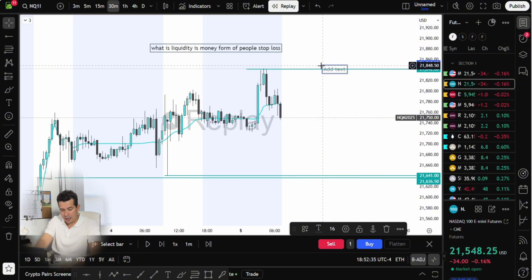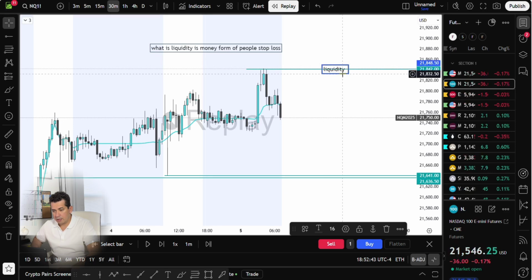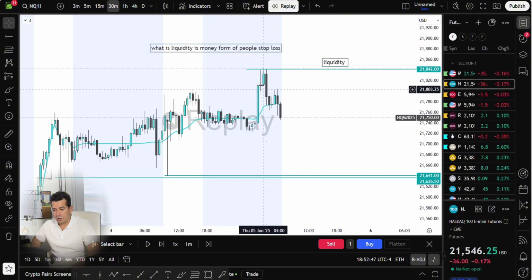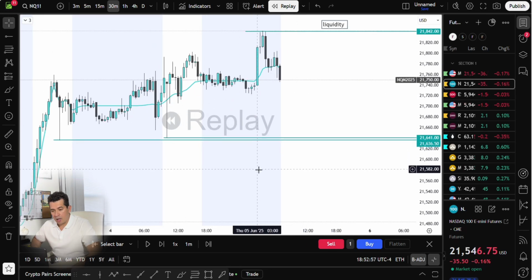High liquidity. This could be the probability of seeking an opportunity, a reversal, or the opposite way if the trend is dropping and then reverses up.